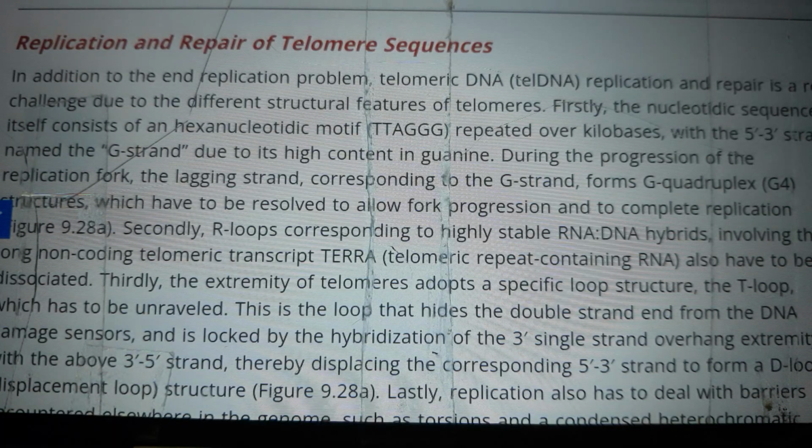In addition to the end replication problem, telomeric DNA replication and repair is a real challenge due to the different structural features of telomeres. Firstly, the nucleotide sequence itself consists of a hexanucleotidic motif, TTAGGG, repeated over kilobases with the 5' to 3' strand named the G strand due to its high content in guanine.